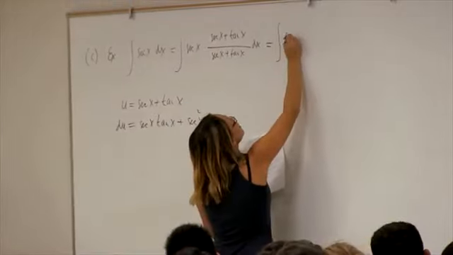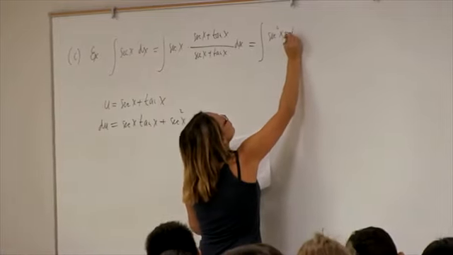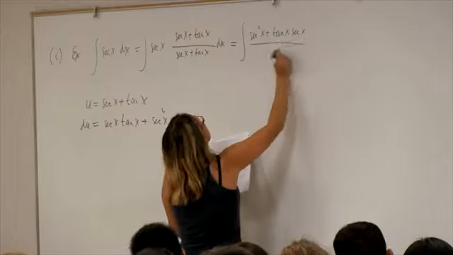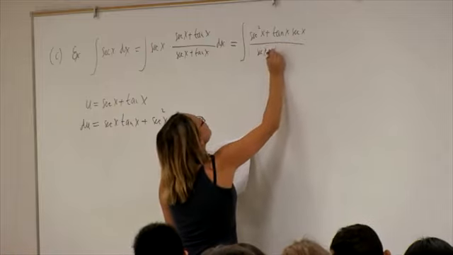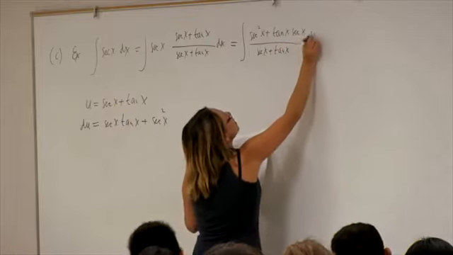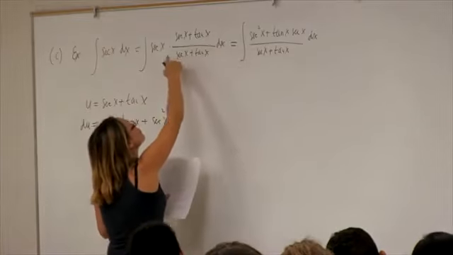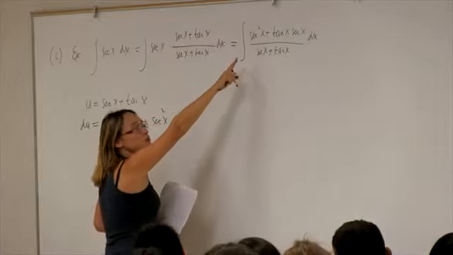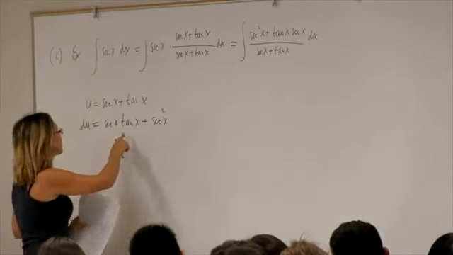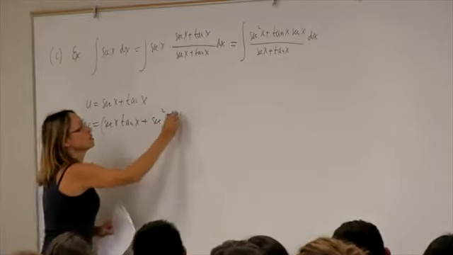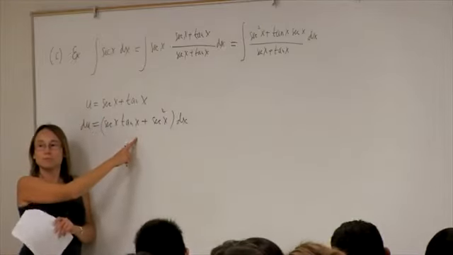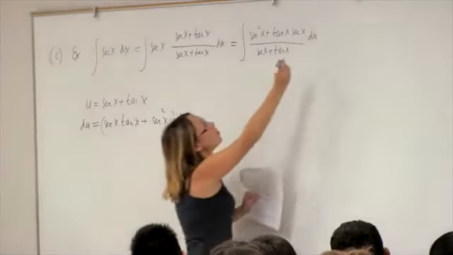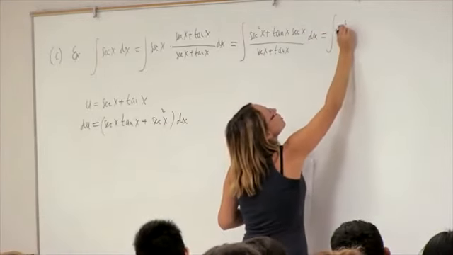So I have secant squared x plus tangent x secant x plus tangent x dx. So I haven't done anything but multiply through. And now you notice that the expression in the numerator actually coincides with this derivative. Right? It's like magic. So what I have on top is just du.